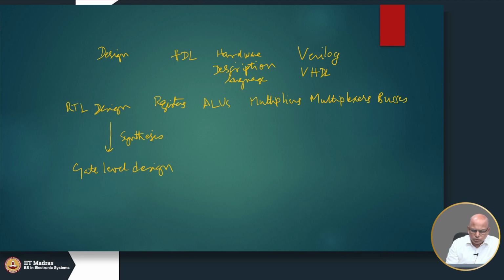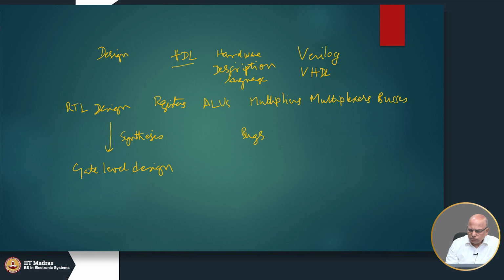But before we go to synthesis, we will have to check whether the design that we have done is the correct design. What if there are bugs in the RTL? There could be bugs. When we write the description in an HDL, this HDL looks a lot like C language.